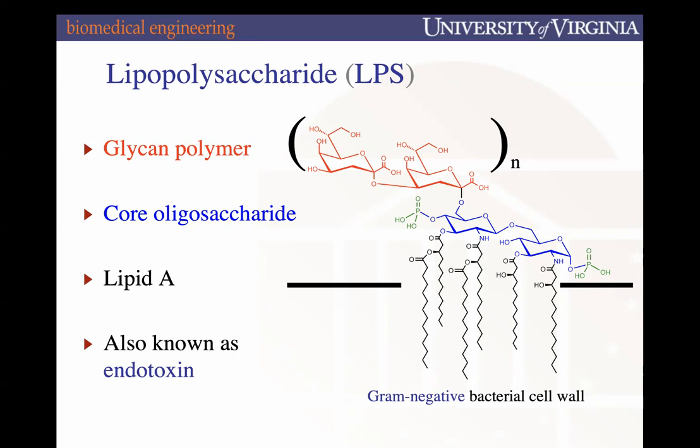So when you hear about endotoxin, LPS is what's being discussed, and it's such a potent activator of our immune cells that whenever something's being injected or implanted, it needs to be confirmed that it is endotoxin free, because even the smallest amounts can trigger a really strong immune response.